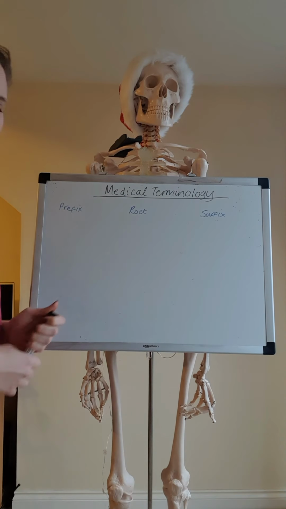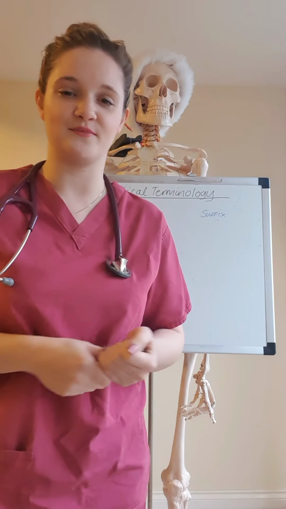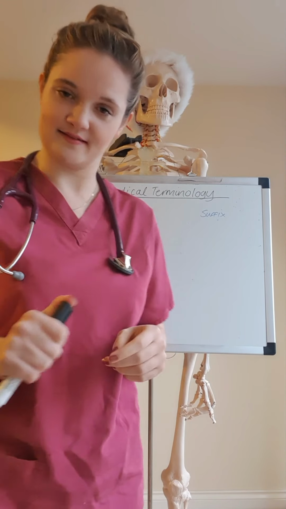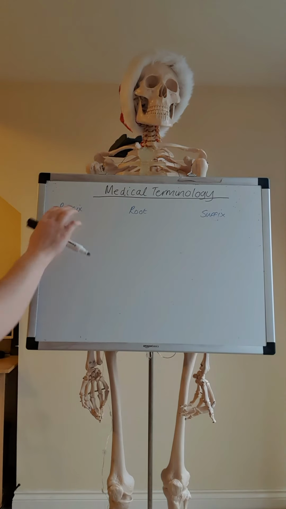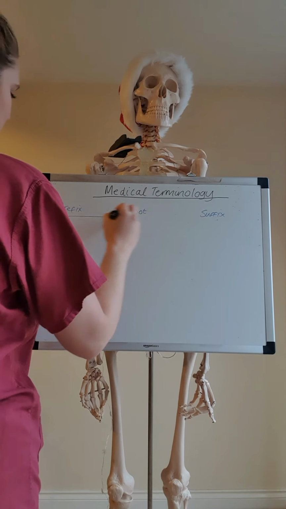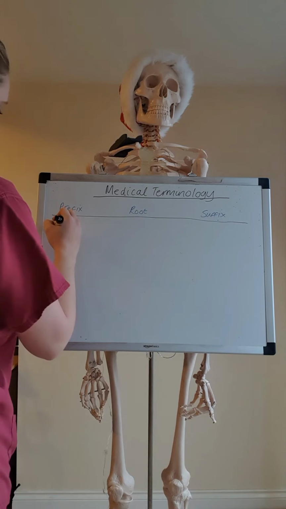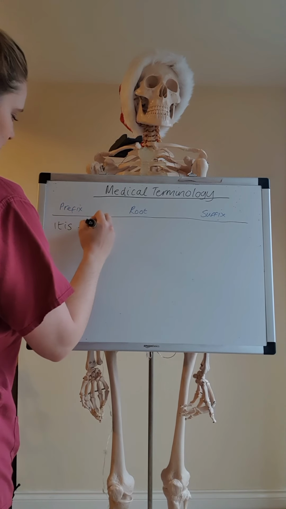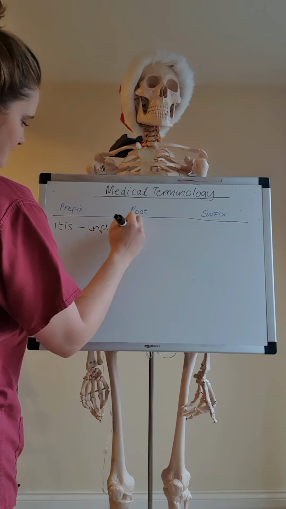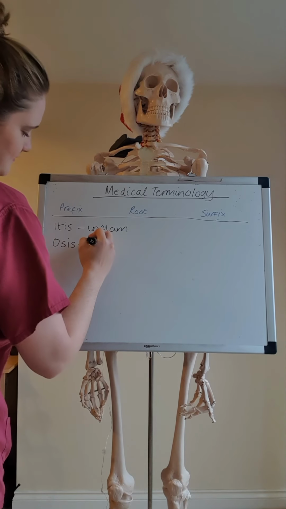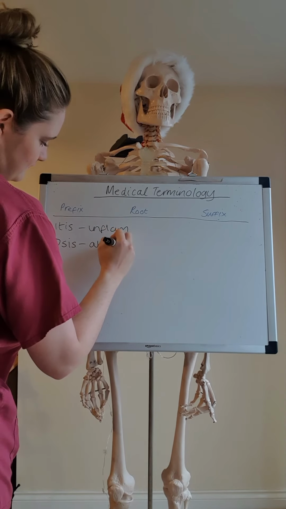So now I want to give you some more frequently used prefixes and suffixes in relation to certain things. So ignore this for the time being. We've already discovered that itis is inflammation. So osis means an abnormal condition.